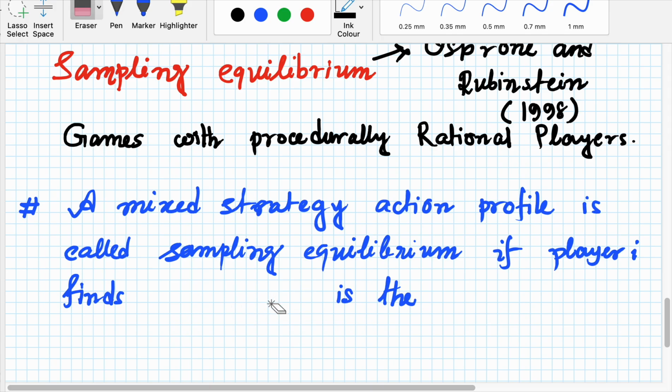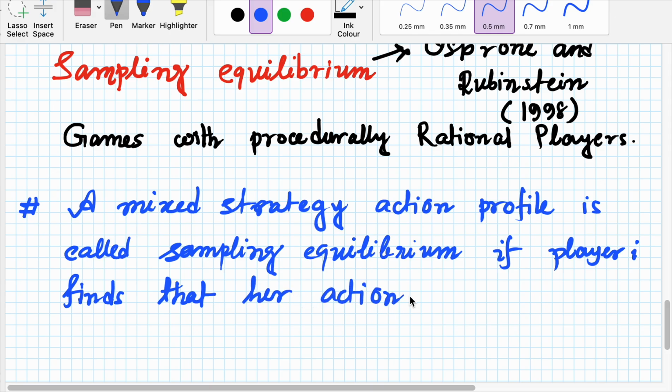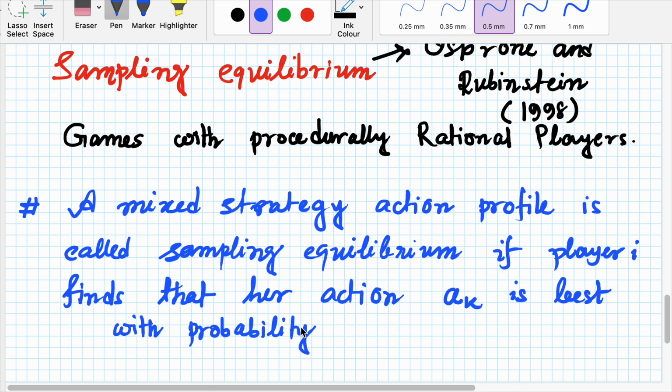Okay, finds that our action AK is best with probability sigma I star AK.